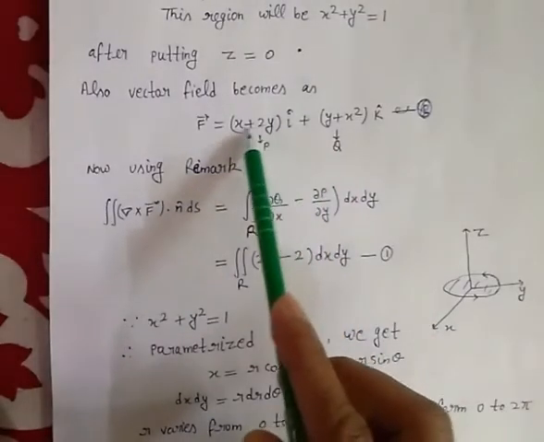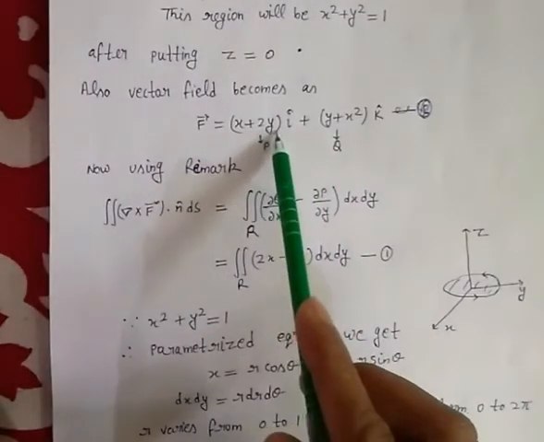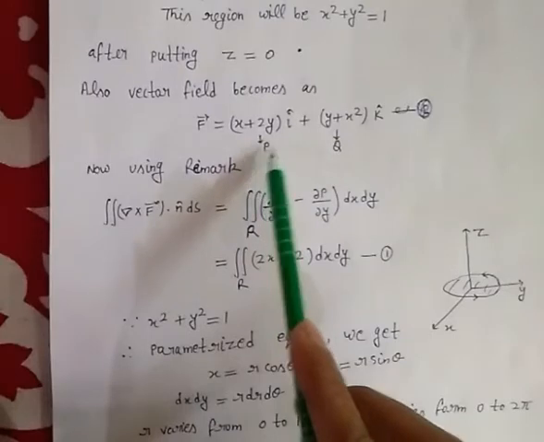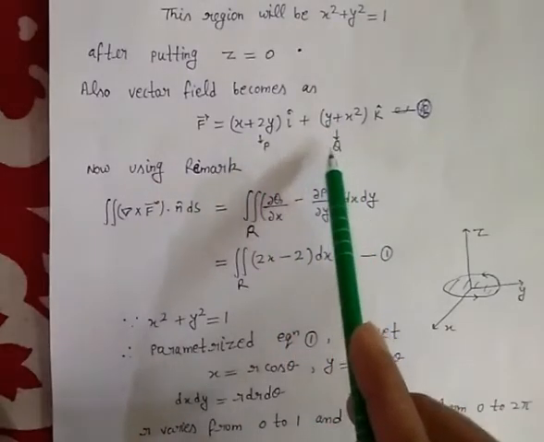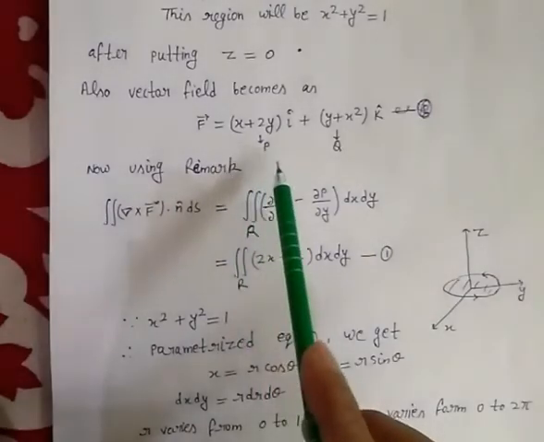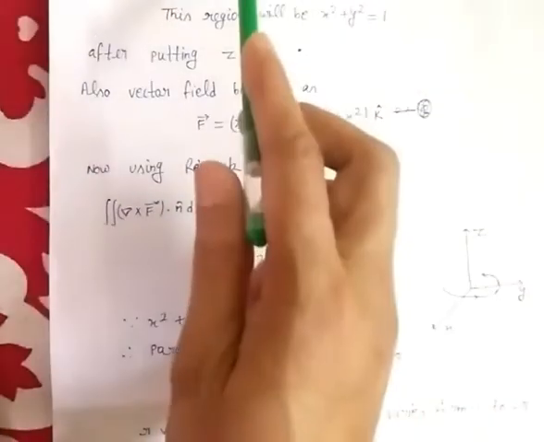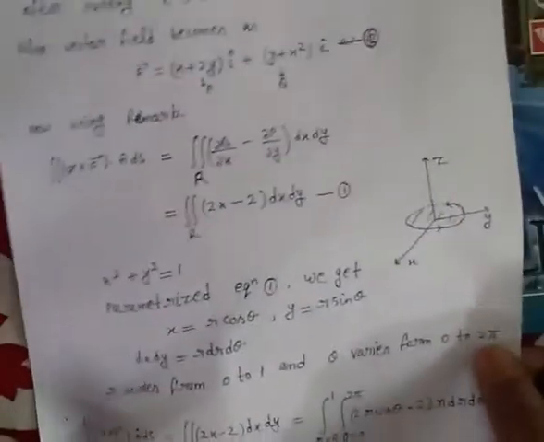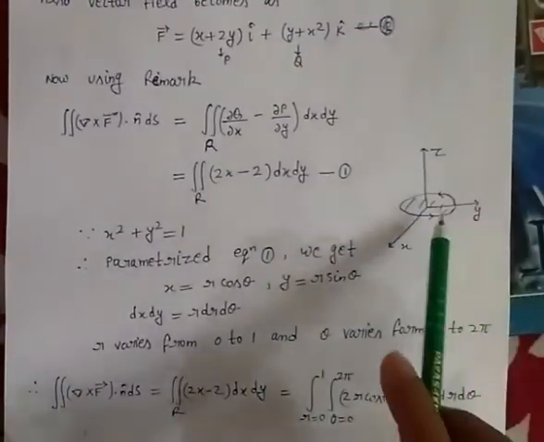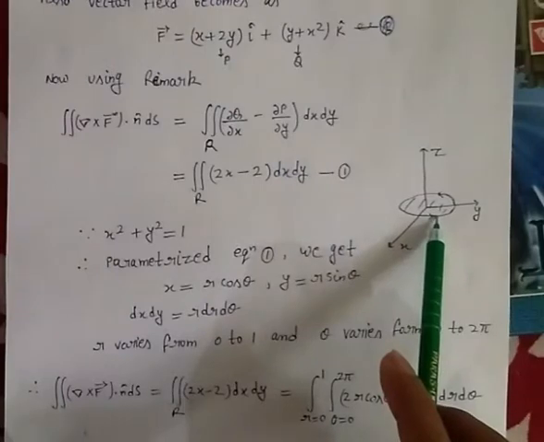This is a function of x and y, which is P, and this is also a function of x and y, which is Q. And our region is in the xy plane like that. So we can now use the remark.